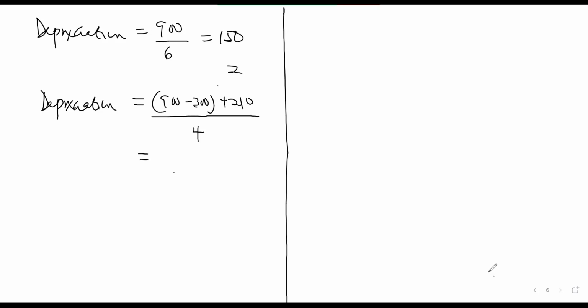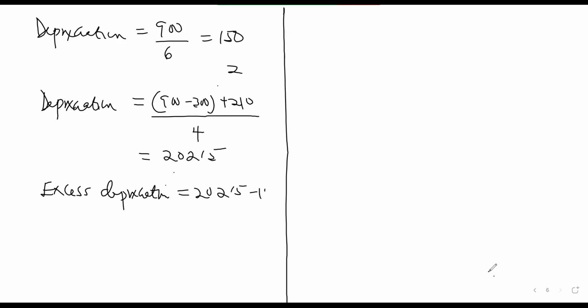What are we having? 202.5. So the depreciation charge for the year is 202.5. But the actual depreciation should have been 150. So what is the excess depreciation? It's 52.5.